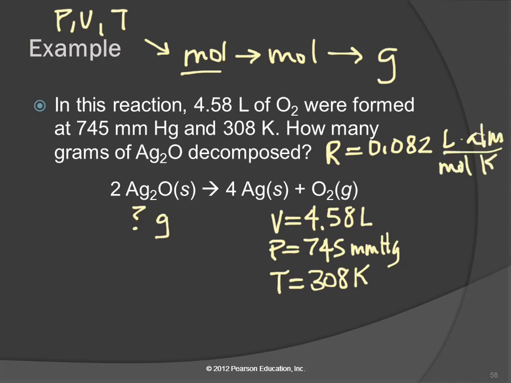We've got our temperature in Kelvin, we've got our volume in liters. The pressure has to be in atmospheres or the equation doesn't work. So we have to convert that. So 1 atmosphere for every 760 millimeters of mercury. And that's not going to fit, is it?